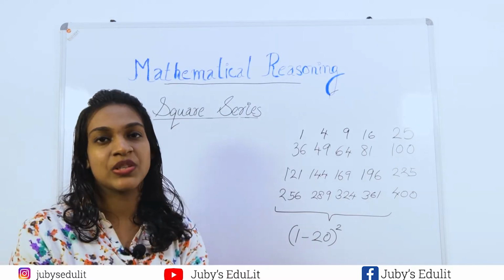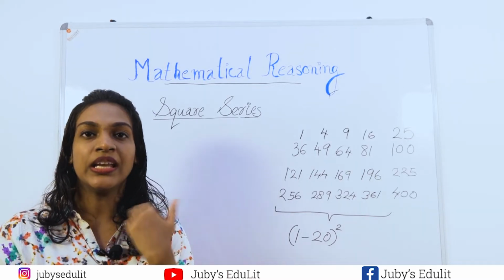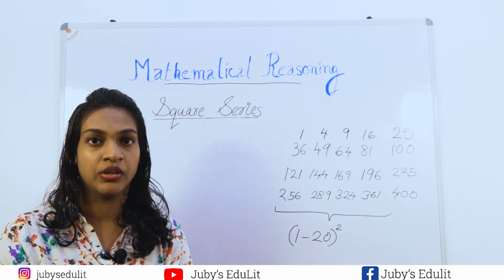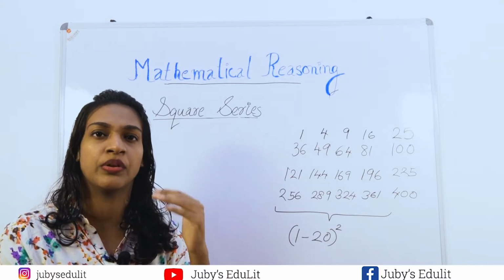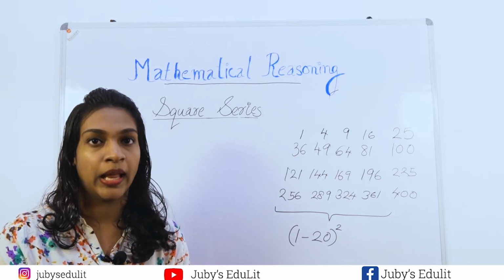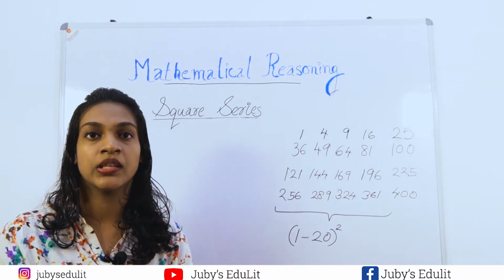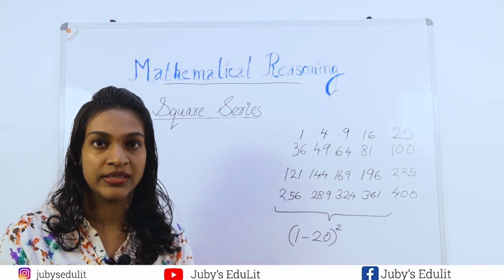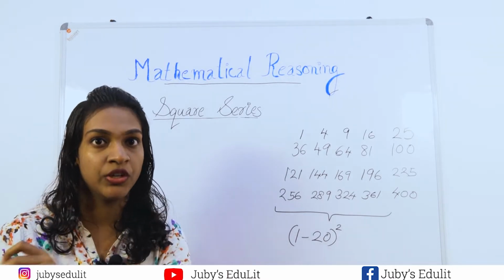So the first one we are going to discuss is the square series. In the square series, what you have to do is learn by heart beforehand the square numbers from almost 1 to 25. This can surely help when you are appearing for the exam, because on analyzing questions you will get by yourself which are the squares and how the numbers are given to you.